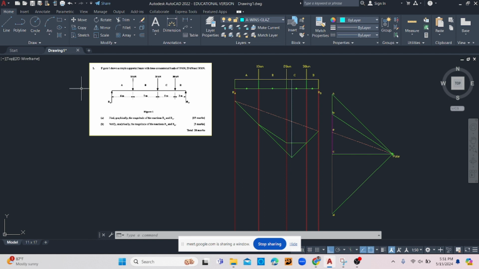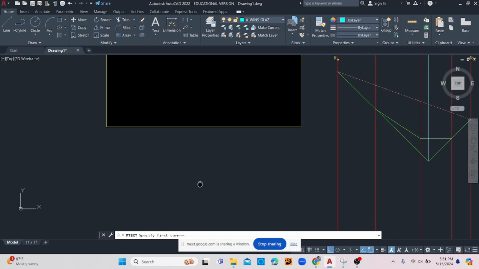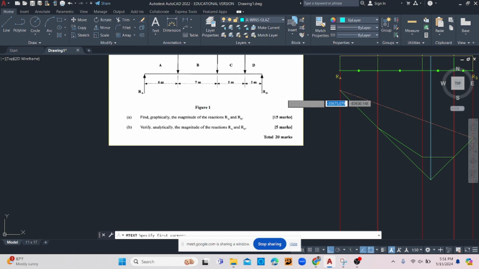The process is simple: all we're doing is calculating the moments about point A and the moments about point D. First we do RA, and then RD is pretty simple. So let's start that off.